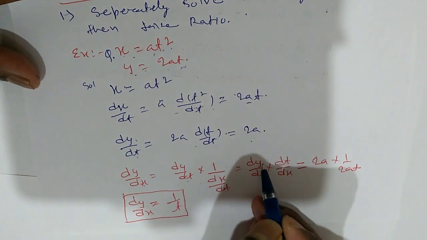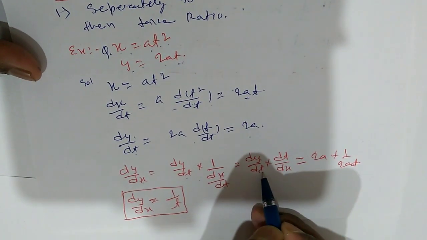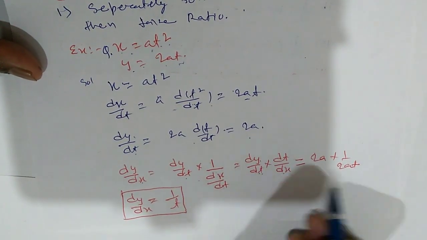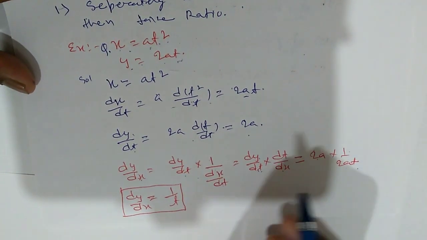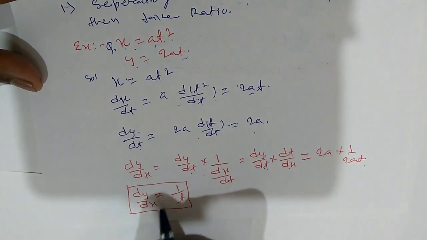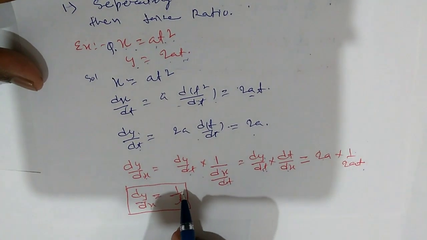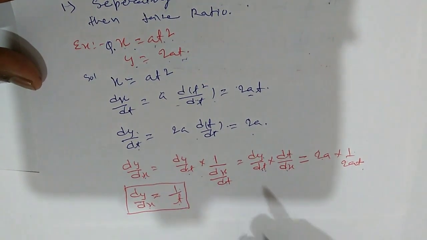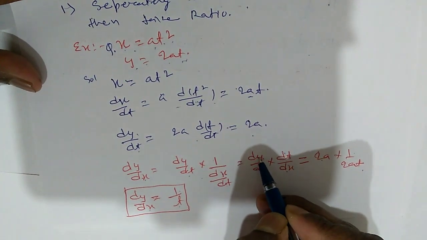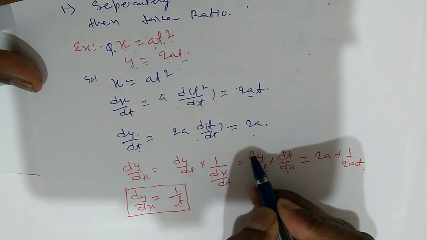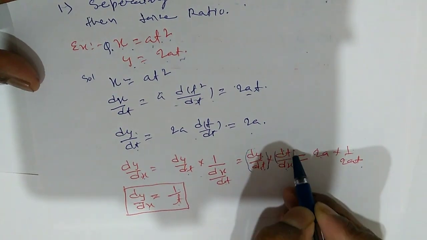After solving it, we write here dy upon dt and dt upon dx. We get 2a into 1 upon 2at, and the final answer is dy by dx equal to 1 upon t. In this case, this one and this one cancel out, so we get dy upon dx, but we have the values of this one, so put them here.